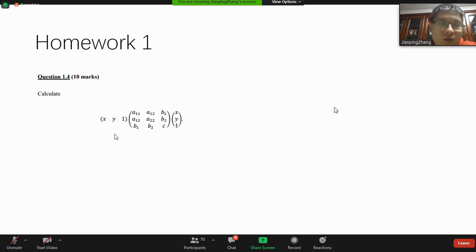You will get a 1 row and 3 column small matrix, and after that you use the small matrix to multiply it by the xy1, the 3 row 1 column matrix. You will get a 1 by 1 matrix. So you just need to follow the steps and be careful.